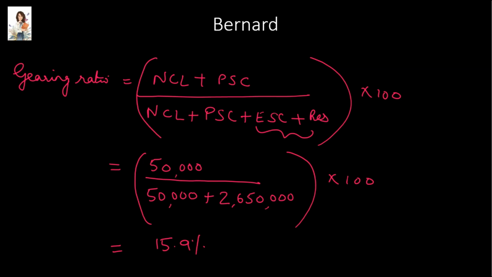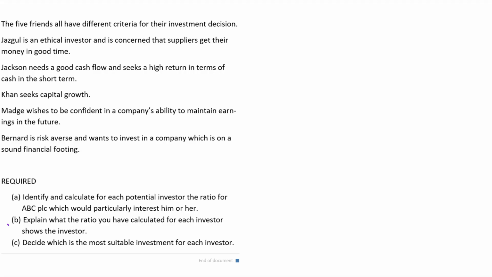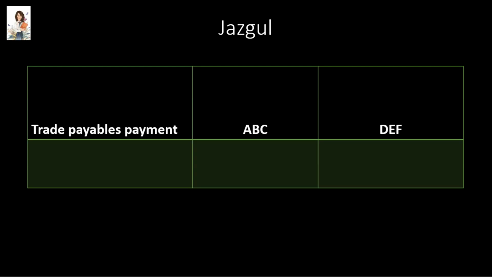This is the gearing ratio for ABC PLC. With this, we have completed part A of the question. In part B, we have to explain what each ratio shows the investor. In the case of Jazzgold, we saw that we had to compute the trade payables payment period, and it came to be 56 days for ABC PLC.